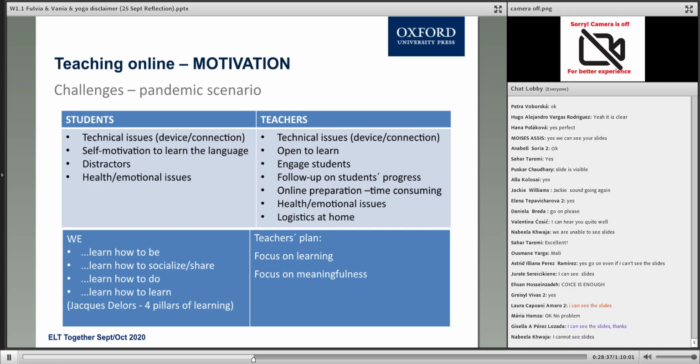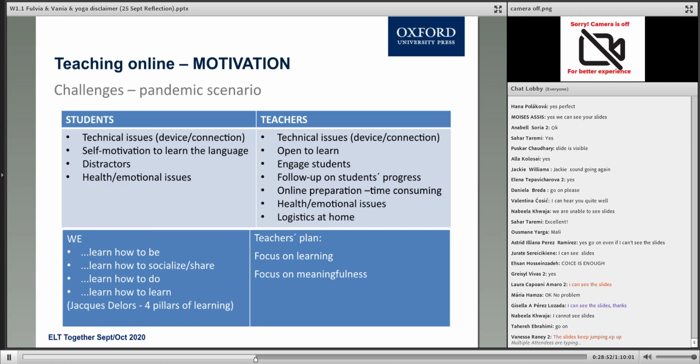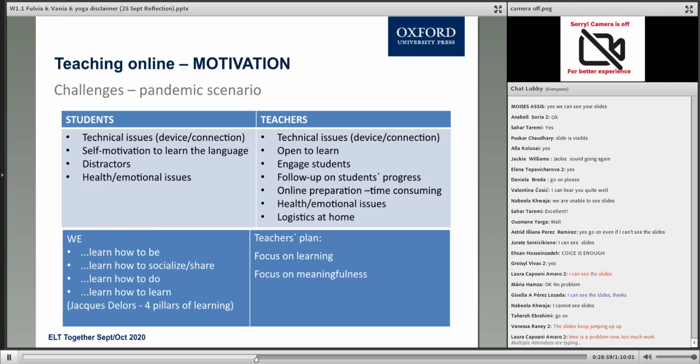Online preparation, teachers have reported it's much more time consuming. Again, health and emotional issues among teachers, and the logistics at home, simply where to stay, because I have a teacher who's got 3 kids having online classes. She is working online, and her husband. So 5 people working online at home. It's not easy to find a silent place for everybody.